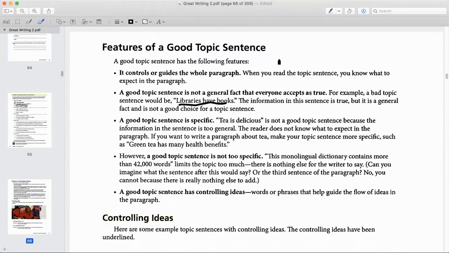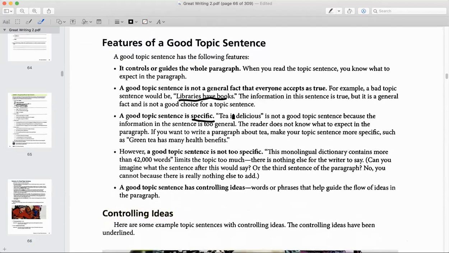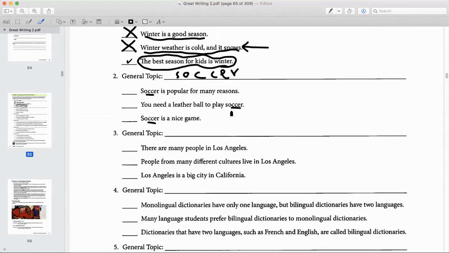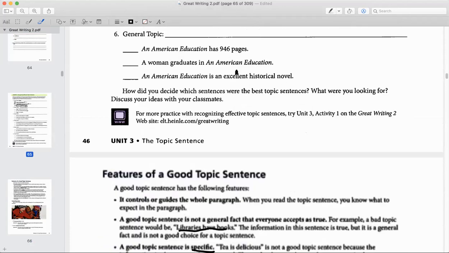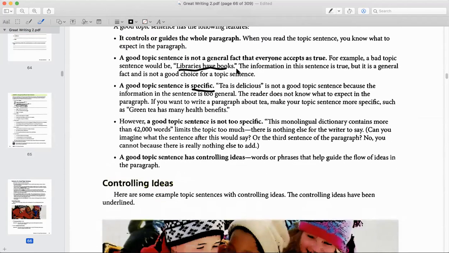Okay, the next one, it should be specific. Tea is delicious is not a good topic sentence because it's too general. That was our problem. Up here in number 1, winter's a good season. That was too general. So that was the problem there. Okay.